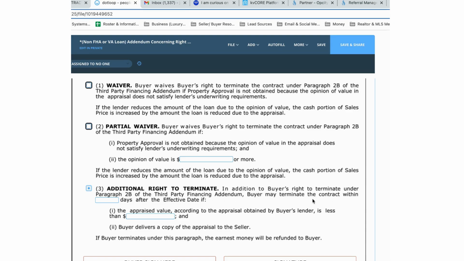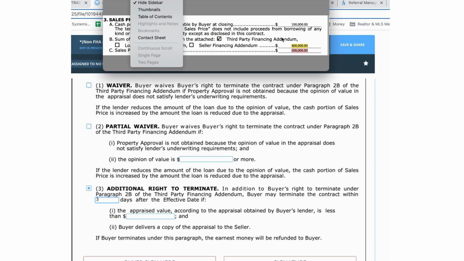The buyer may terminate this contract within so many days. I usually like to put about 3 days after the effective date if the appraised value, according to the appraisal obtained by the lender, is less than, and I usually at least put the full asking price, meaning what you put here.